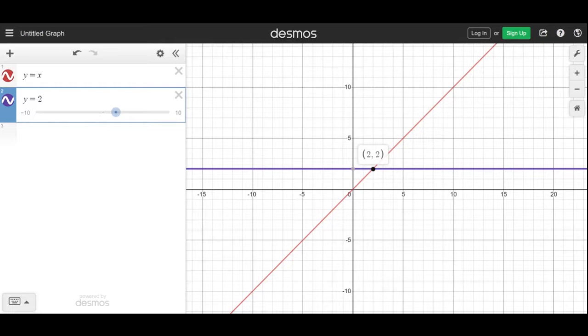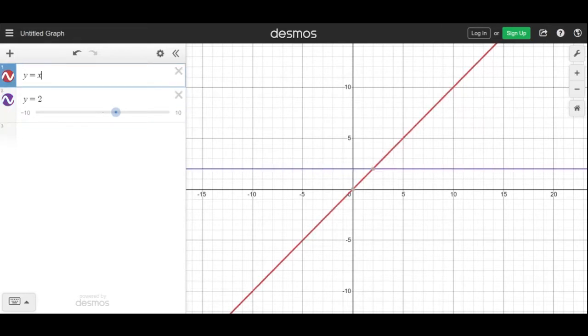The inverse function requires you to have a one-to-one function. So if the function is not one-to-one, there's no inverse of that function either.